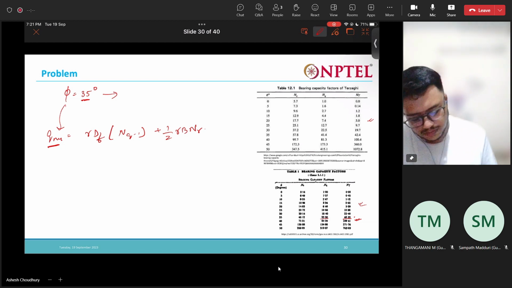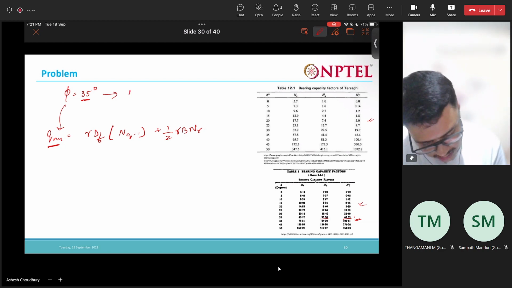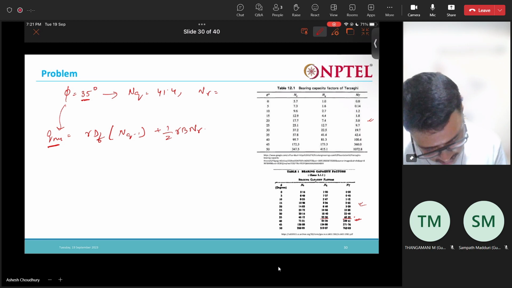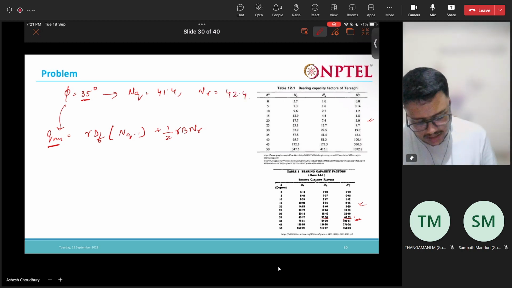So for 35 degree, Nq is 41.4 and N gamma is 42. Now let us put in the values: 17 into 1 into (41.4 minus 1) plus half into 17 into 1 into 42.